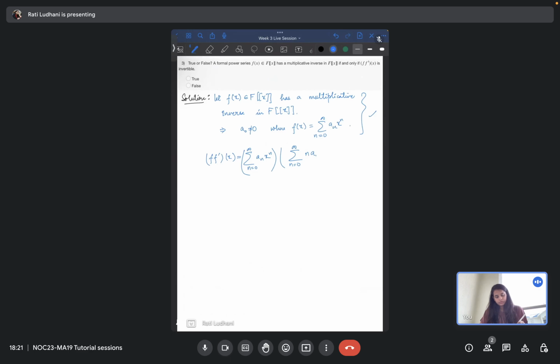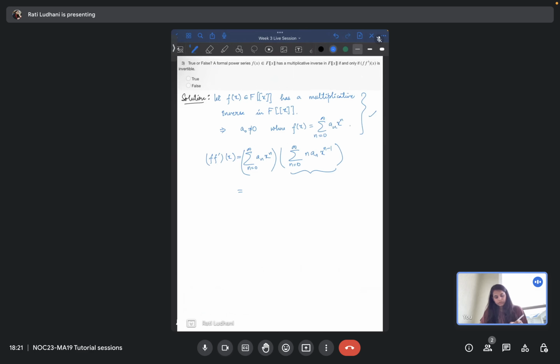Now what happens here? We'll get this, right? This differentiation f'(x) is what? f'(x) is this expression. So this implies you have constant term to be what?